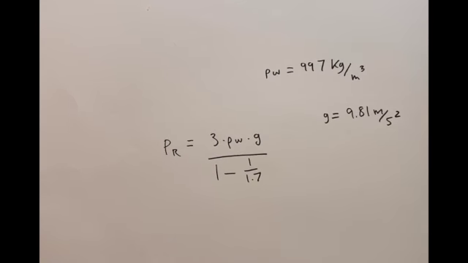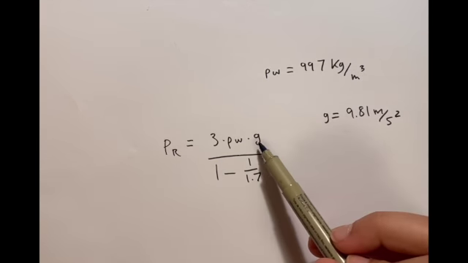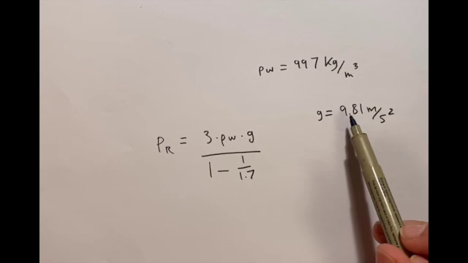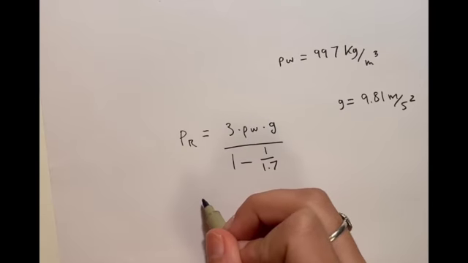So we can take rho water to be 997 kilograms per meter cubed, and we can take the acceleration due to gravity to be 9.81 meters per second squared. Now let's plug in these values.